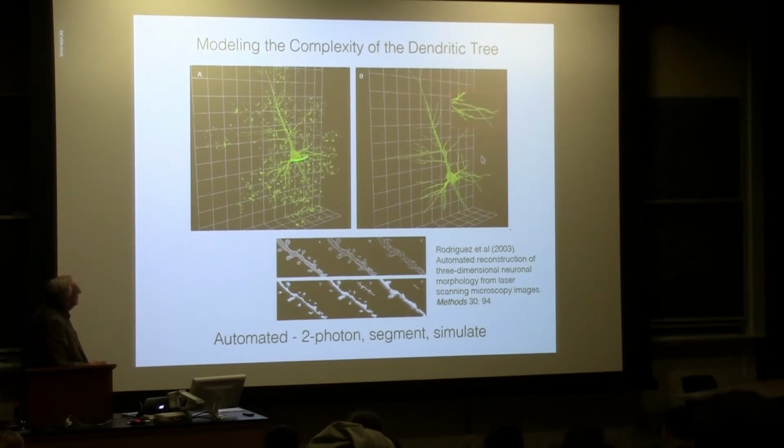And so the reconstruction was done in an automated fashion by optically sectioning the specimen and then using digital image processing methods to delineate where the dendrites are and to figure out their sizes all automatically.